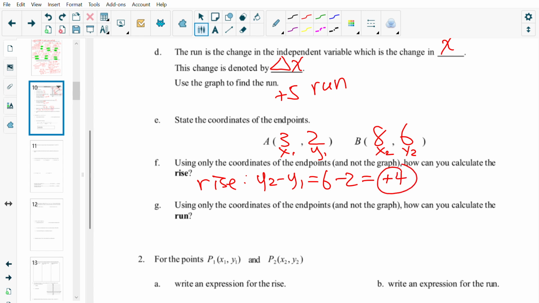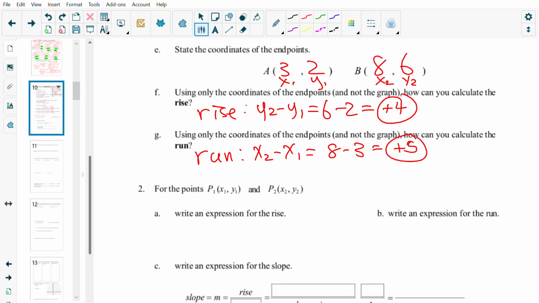Got that? Using only the coordinates of the endpoints and not the graph, how can you calculate the run? So the run we know is the horizontal or the x values. So that's x2 minus x1, and that is 8 minus 3, and that's what we got, plus 5. Awesome.